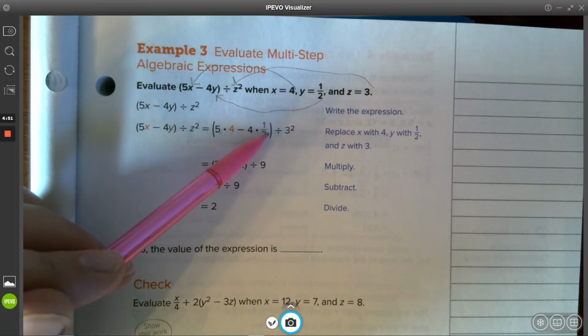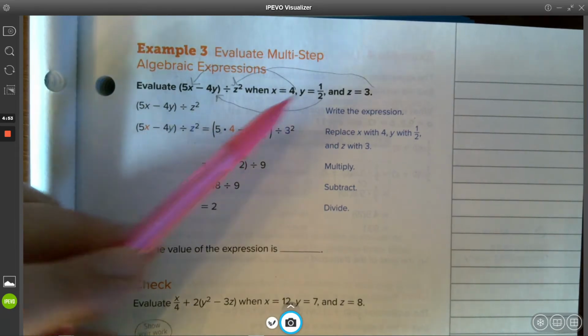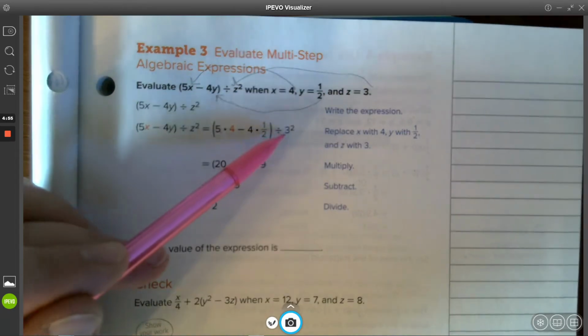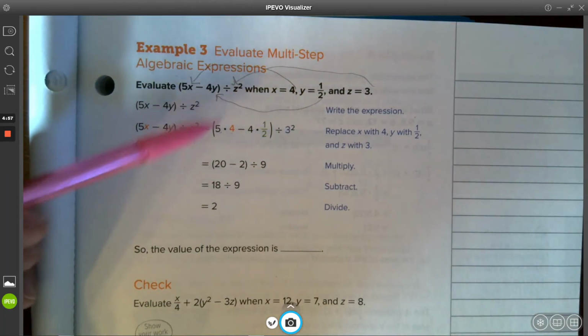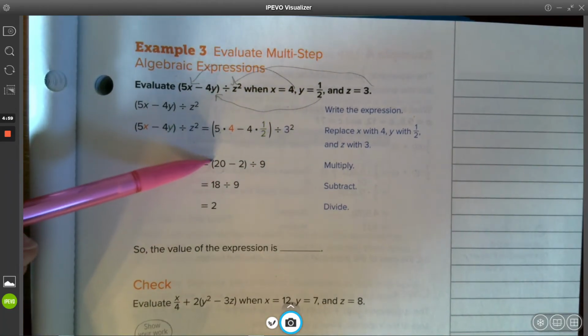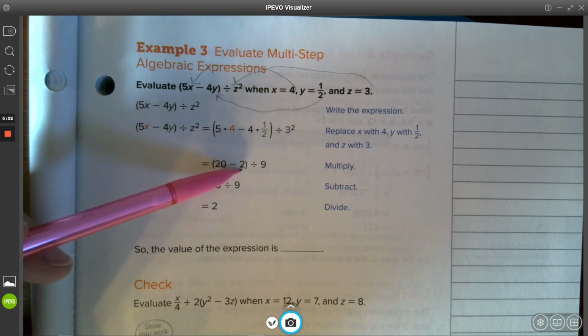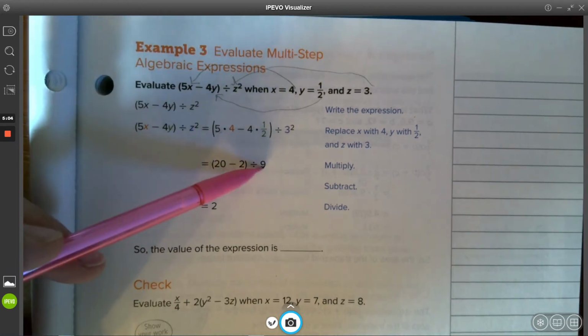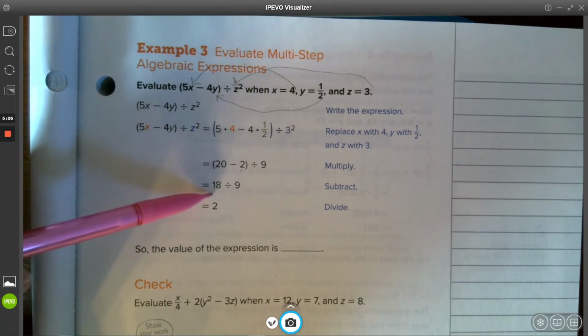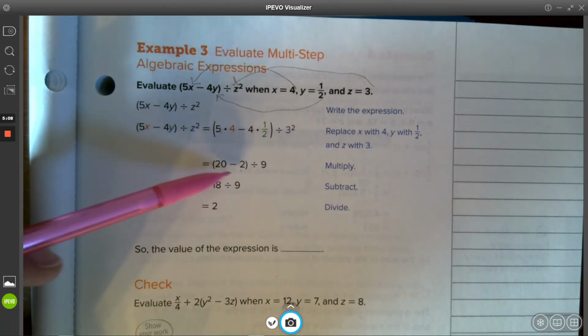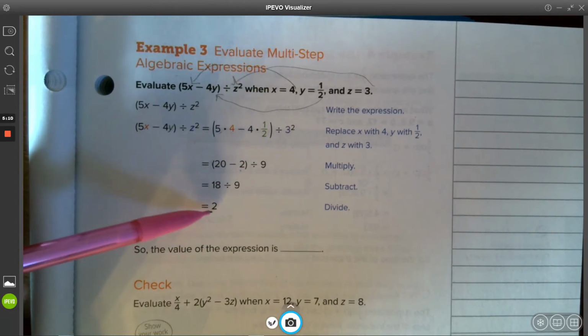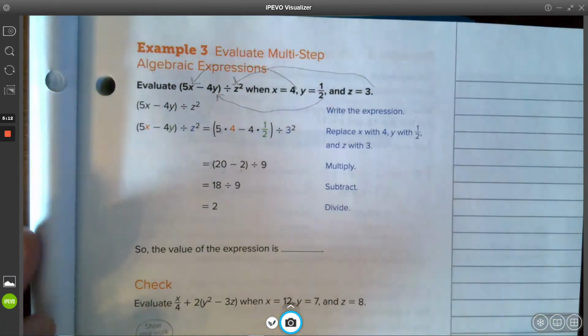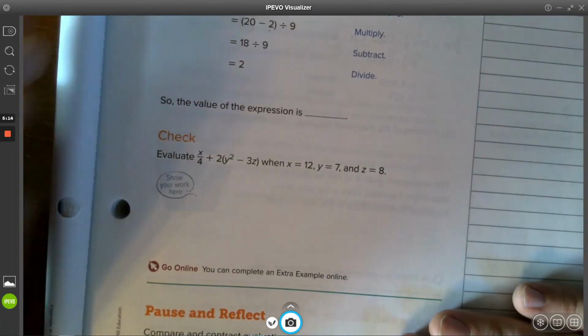You replace y with 1/2, so 4 times 1/2, and you replace z with 3, so now you have 3 squared. 5 times 4 is 20. 4 times 1/2 is 2. 3 squared is 9. 20 minus 2 is 18 because we do the parentheses first, then we divide by 9 to get 2.